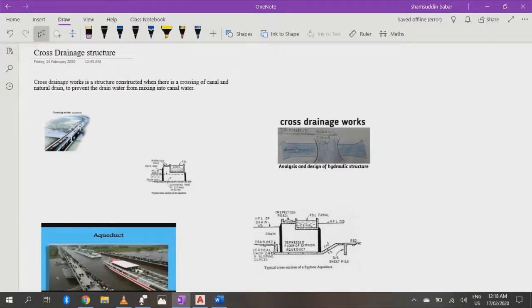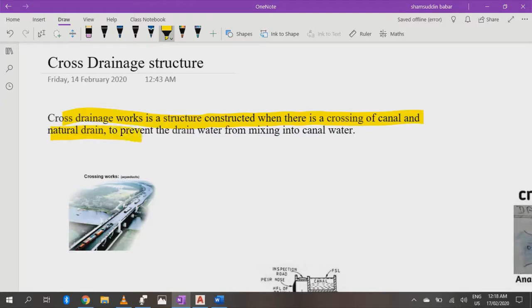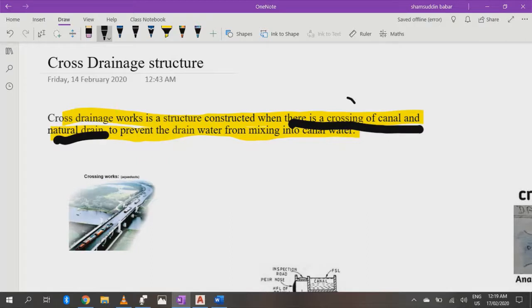So cross drainage works is a structure constructed where there is a crossing of canal and natural drain, to prevent the drain water from mixing into the canal.